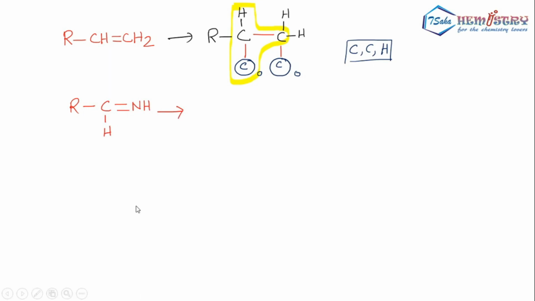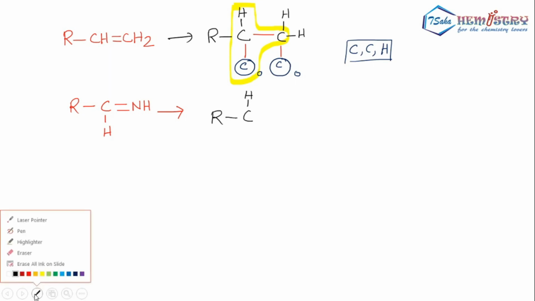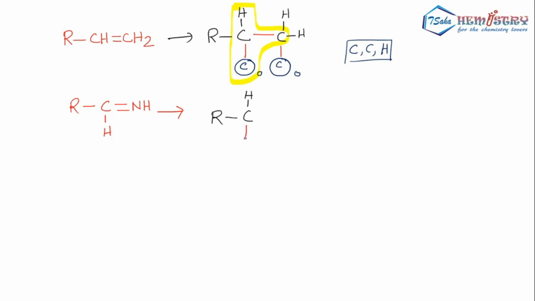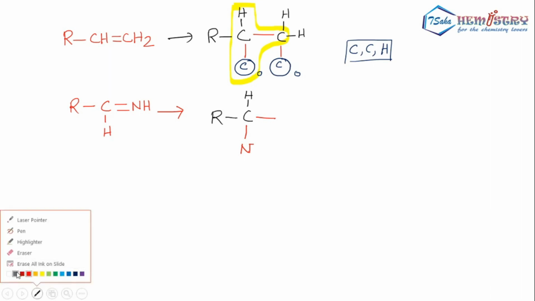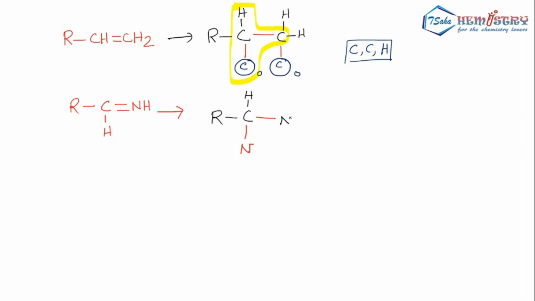If you break down this structure, what do you get? You get R, C, H. Now carbon is joined with nitrogen via a double bond, so you have to put a bond over here and a new bond over here. Now nitrogen should be placed in its position. Nitrogen should have a bond.